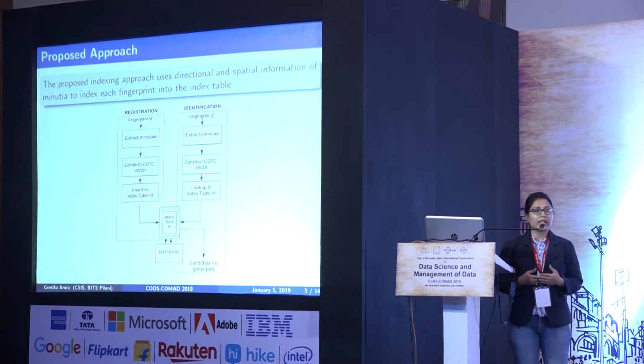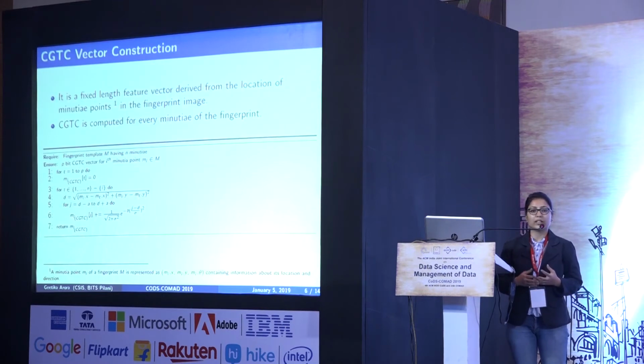First we have extracted minutia points from the fingerprint, and then we have generated a CGTC vector, that is our feature vector that will be used as an index. In the CGTC vector, we have computed the distance of one minutia point with every other minutia point, and we have applied a Gaussian distribution on the minutia points that are lying in its neighborhood.